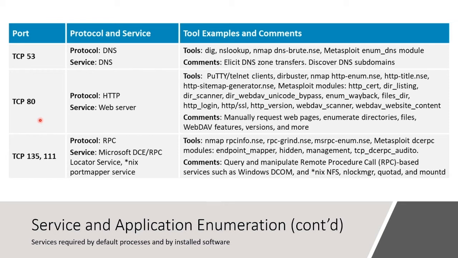For HTTP, there's DirBuster and lots of Nmap scripts, loads of Metasploit modules, plus any number of other tools we're going to see. If you're going after remote procedure call, you've got the Microsoft version or the *nix version here. We've got a variety of scripts and tools to query for information about what services are talking, like Windows DCOM or NLockManager or quotad or mountd, so we can find out information about those.